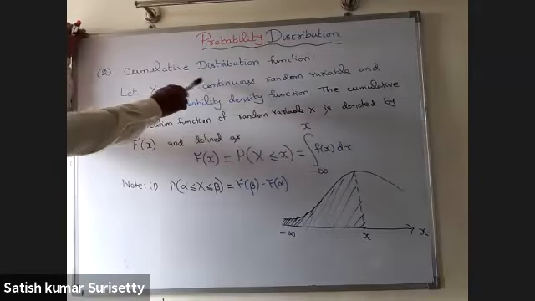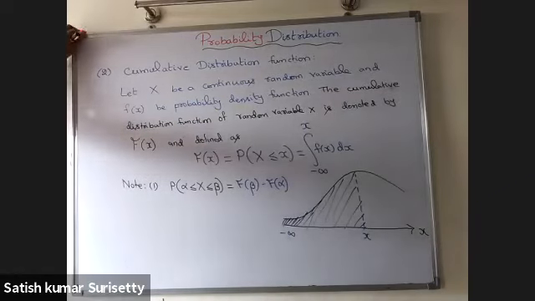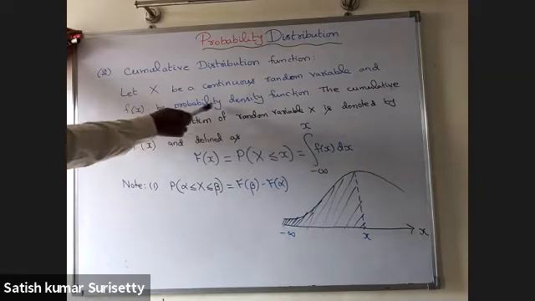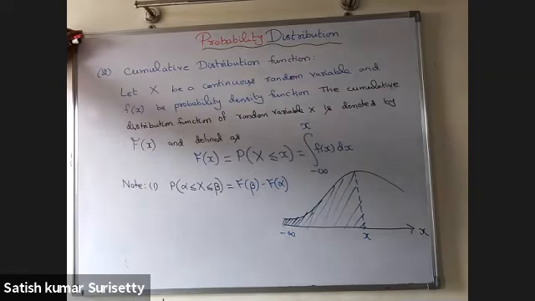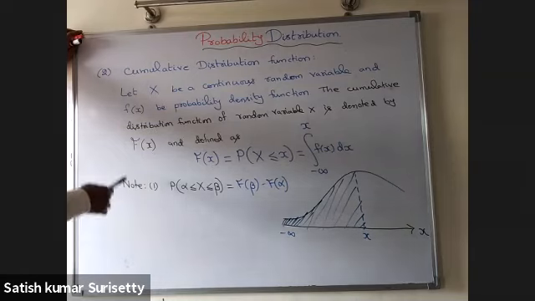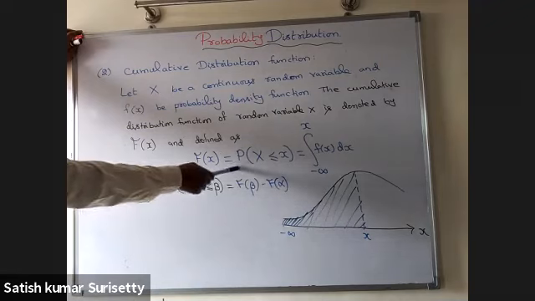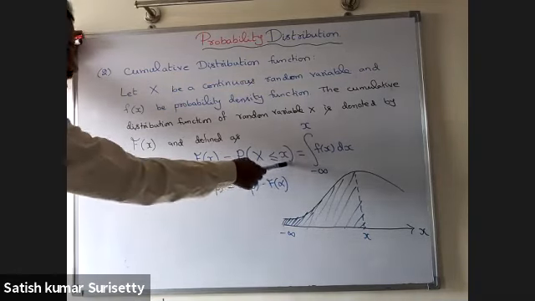Next, cumulative distribution function. Let x be a continuous random variable and small f of x is a probability density function. The cumulative distribution function of the random variable x is denoted by capital F of x and defined as capital F of x equal to probability of capital X less than or equal to x.